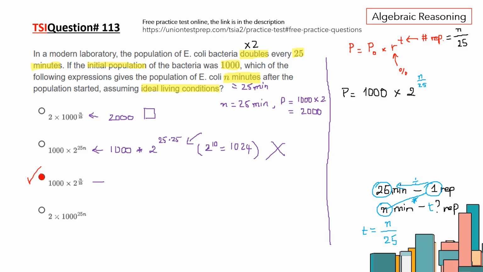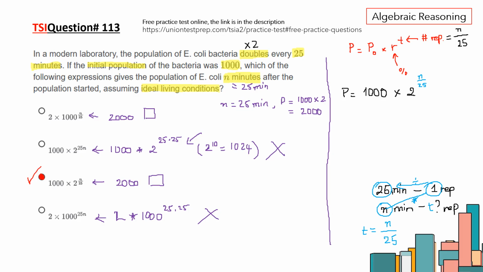Now this one, when you plug in, you still have 1,000 times 2 to the power of 1, that's 2,000. Leave it blank too, because you need to compare to find the correct one. The last one is still like the second one, really big, so this one is totally not.